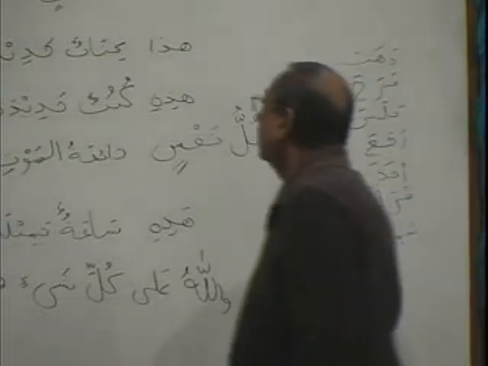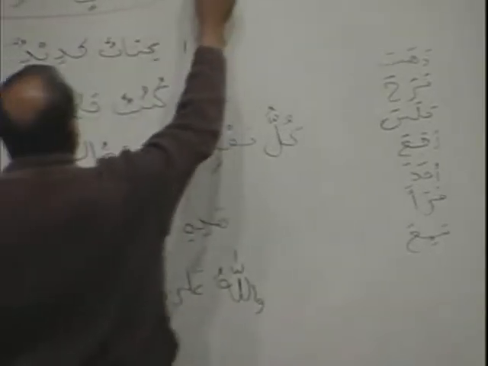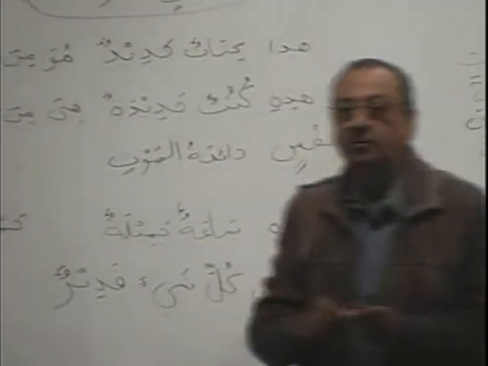Okay, brothers and sisters? My point to you is this: you will always remember this. Kullu jama'in mu'annasun. I will be repeating it from now onwards. Analyze this sentence. Brother Abdul Samad, analyze it.